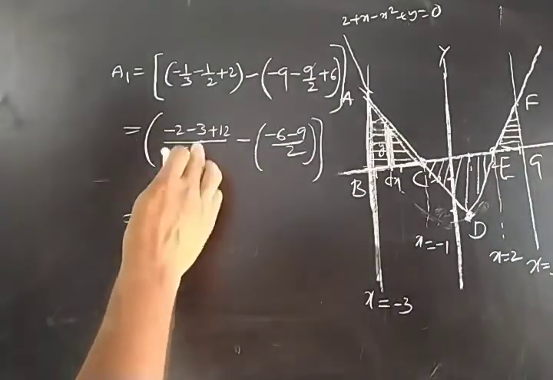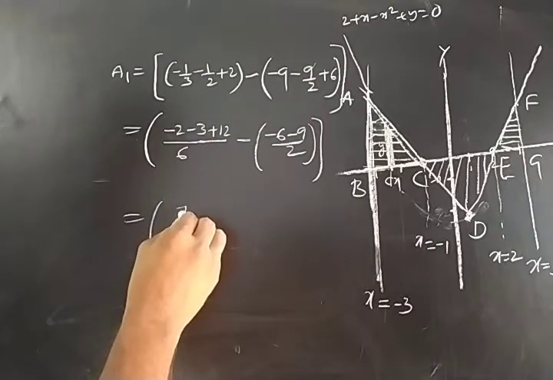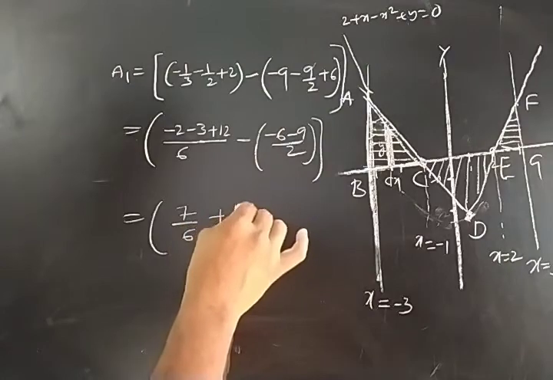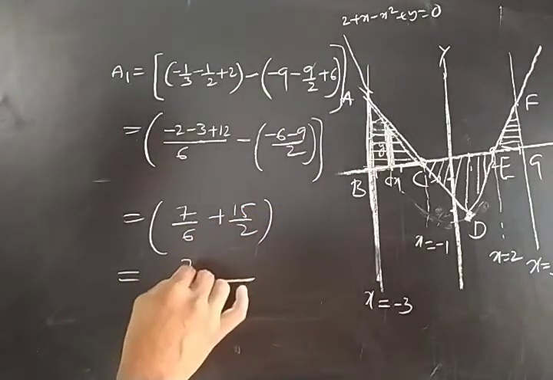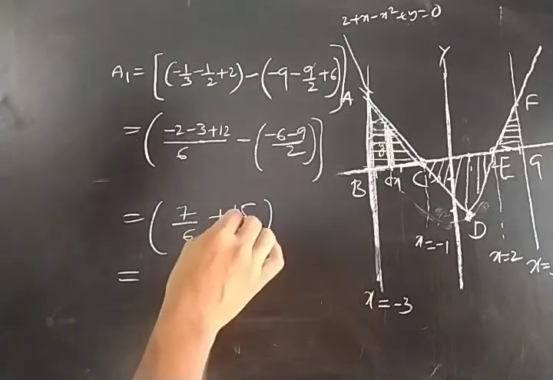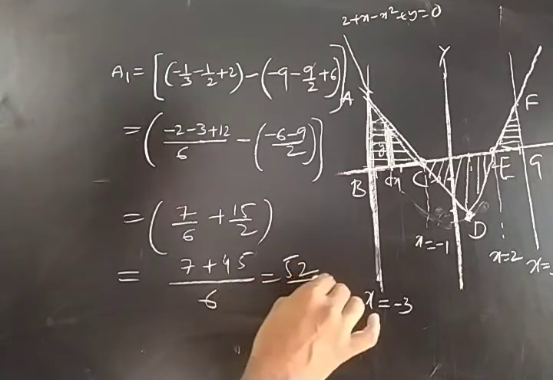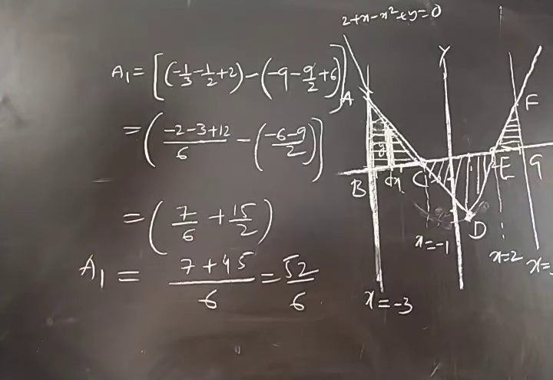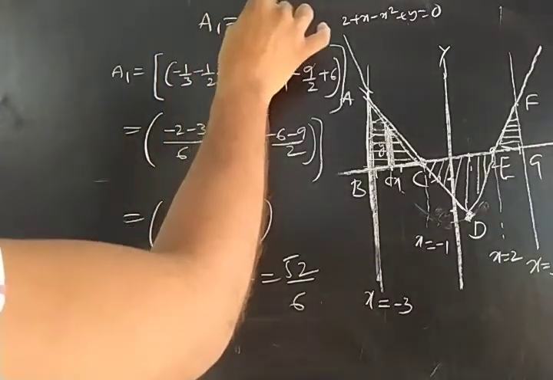Here minus 5 plus 12, that is 7 by 6, minus here 15 by 2. By taking LCM 6, 7 plus 45, 52 by 6. This is the A1 area. I will write here A1 equal to 52 by 6.